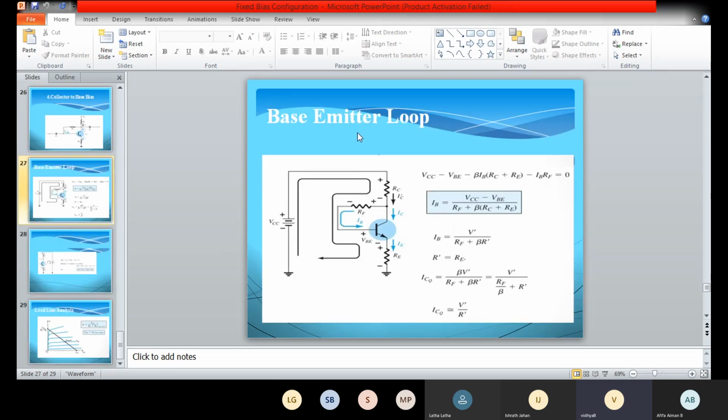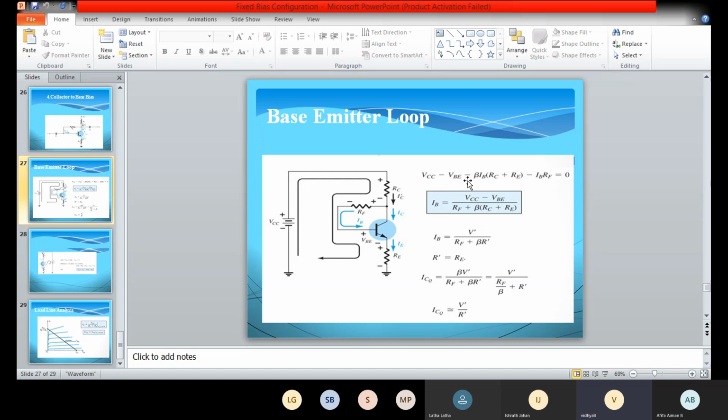From this base emitter loop, we will find out IB. First write the equation. This is the direction I have taken. VCC minus, plus to minus, so minus beta IB (RC plus RE). Here you need to write both resistances, because for IB, RC plus RE both are connected.